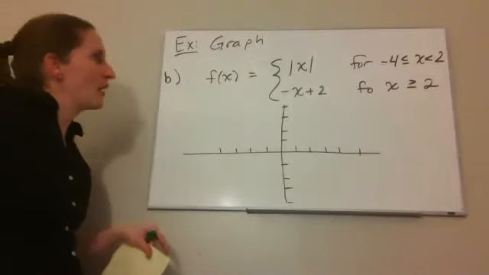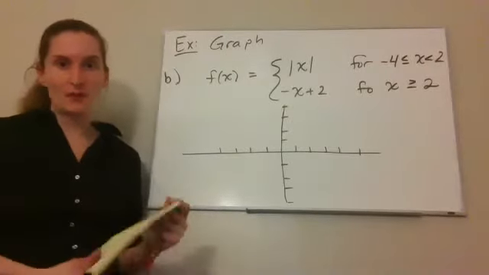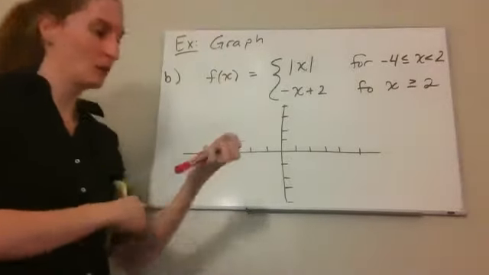I'm going to start by graphing that absolute value graph. We know absolute values look like a V shape. I have to make sure I'm only graphing it for the particular x values I'm given.